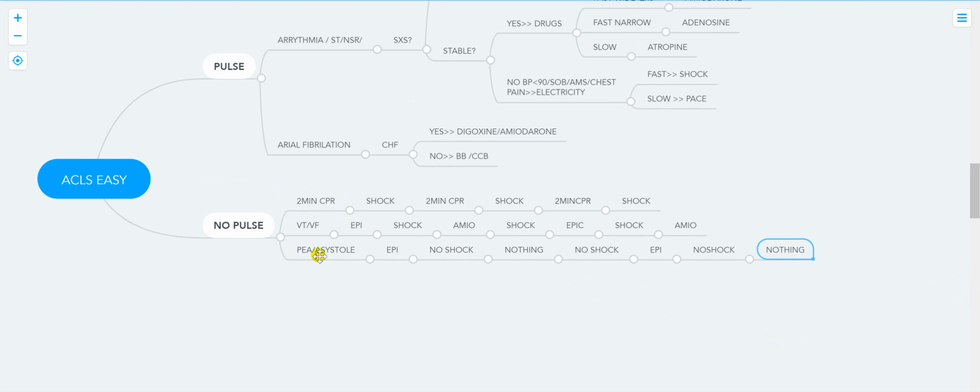Then you evaluate. Once it's converted to VTAC or VFib, then you will give shock, epinephrine, all these things. So in summary, for PEA, you give epinephrine until you see a rhythm, and then you shock. For VTAC, you give epi, shock, amio, shock, and so on.